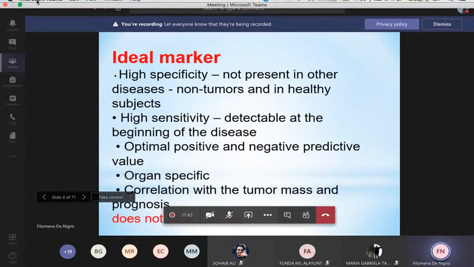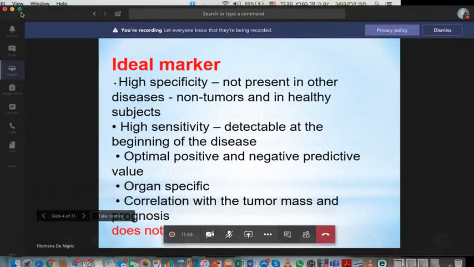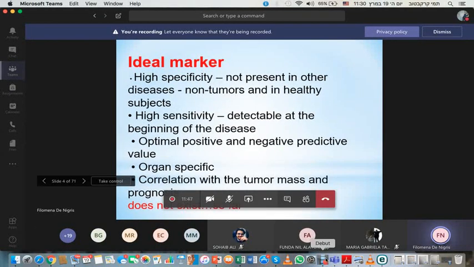We can imagine a marker that is very sensitive, able to detect the presence of a tumor when it is very small, or predict if there is a good prognosis or not.